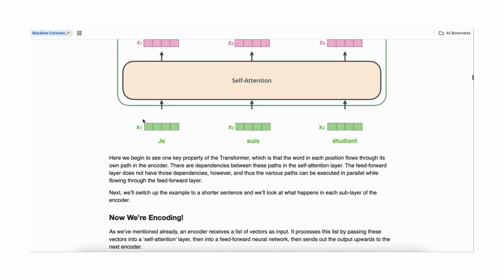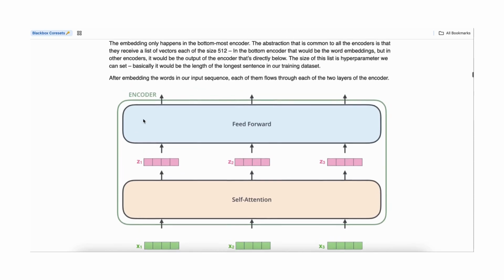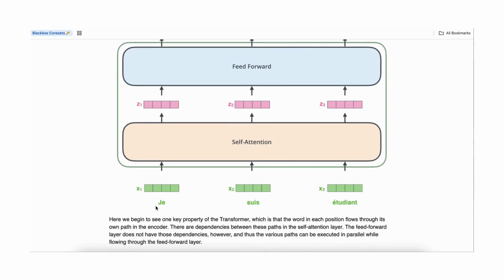I won't go into a huge amount of detail, but it suffices to say that we start with a series of tokens, which are a conversion of individual words into a series of numbers.